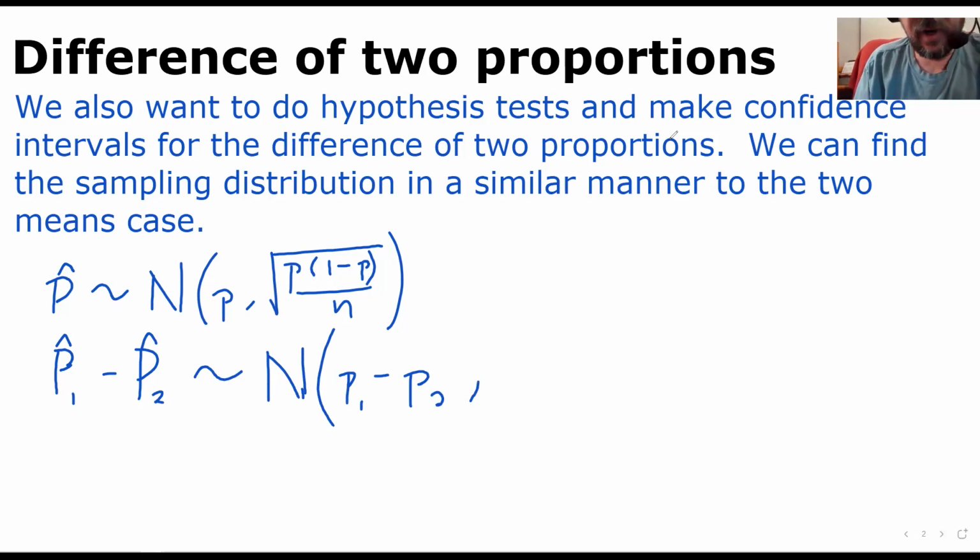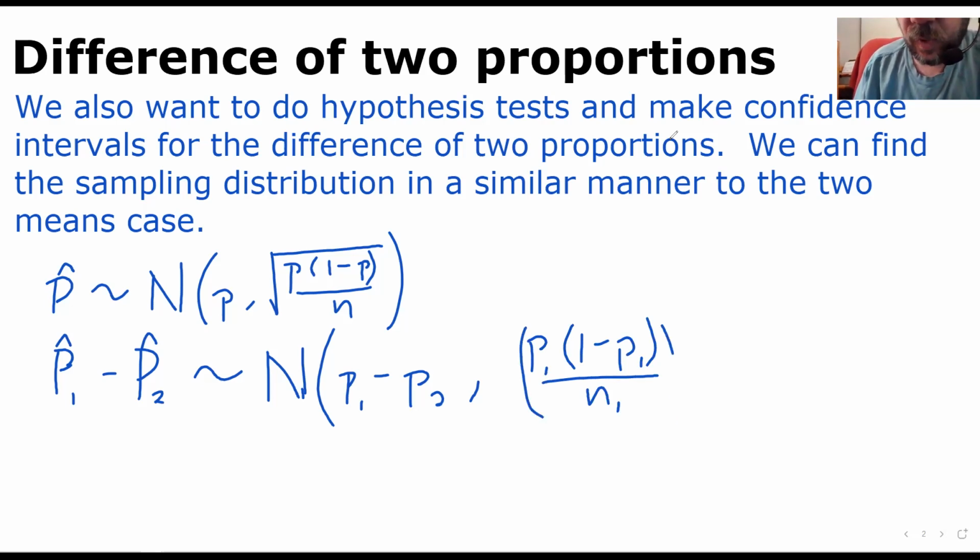And then the standard deviation of this. So it's going to be the square root of each one of those, squaring each of the standard deviations of P1 hat and P2 hat, and square root of all that. Actually, let me put the square root on at the end. So I'm going to have P1 times 1 minus P1 over N1, because you could have different sample sizes.